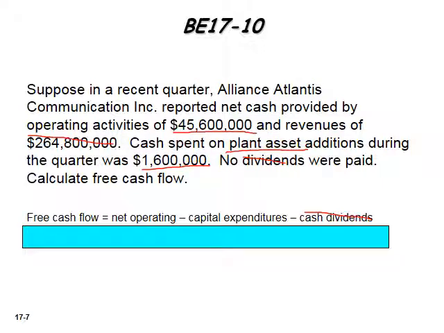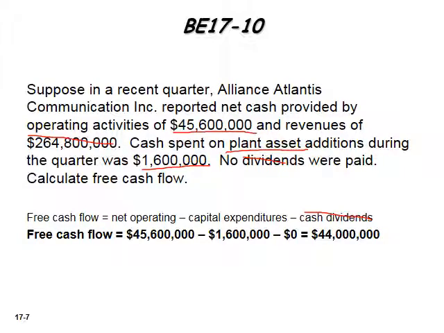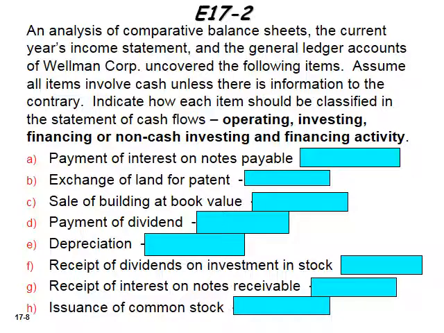The operating was $45.6 million, and the capital expenditures were 1.6. So 45.6 minus 1.6 gives us free cash flow of $44 million. So it's pretty straightforward.